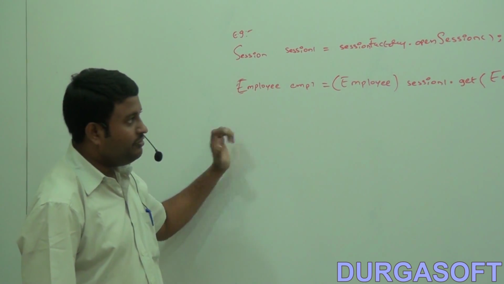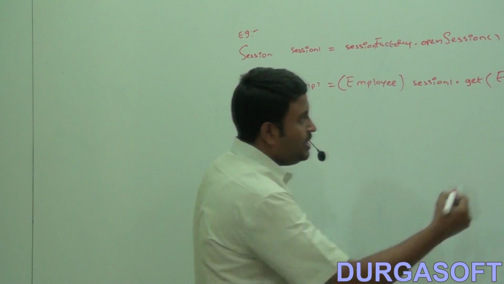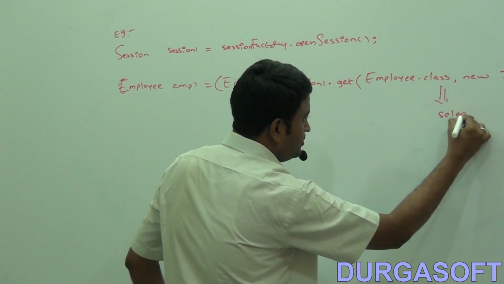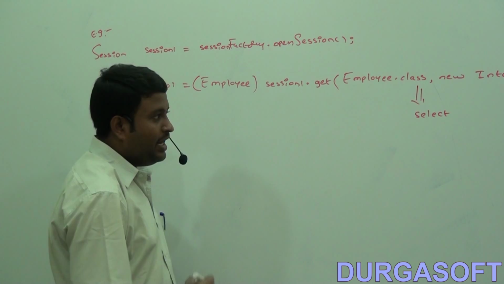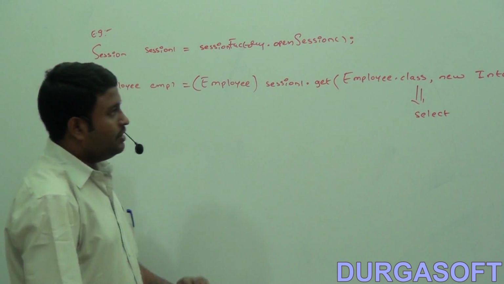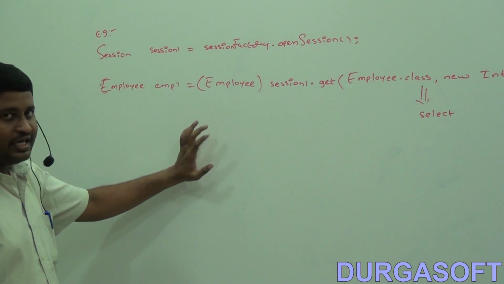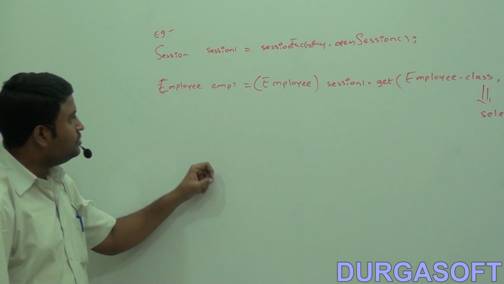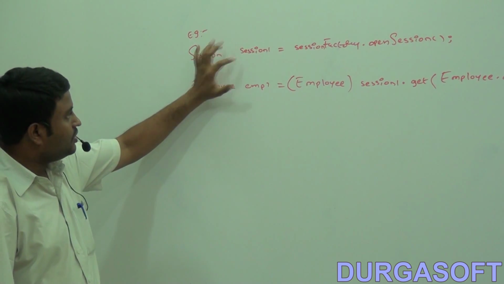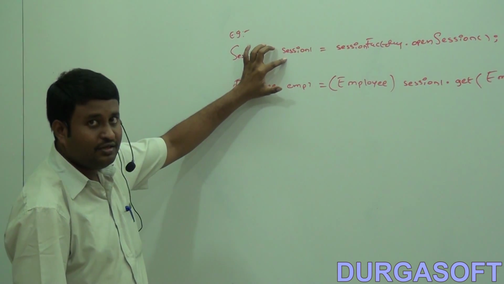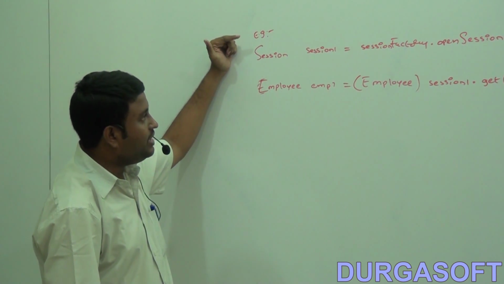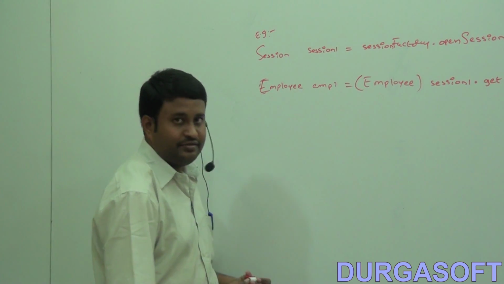If it is not available, Hibernate generates a select query, gets the record from the database and loads it. First it loads the record into the first level cache of session1, and again it loads the same object into the second level cache of the factory.